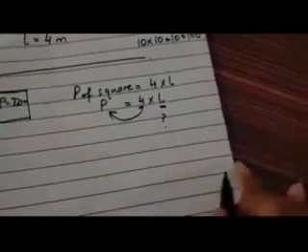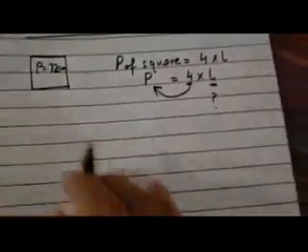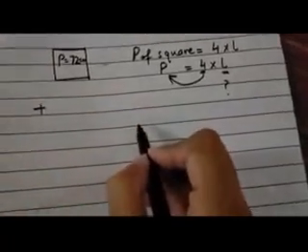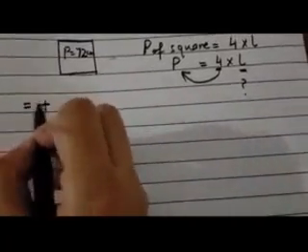Now remember this rule that you have already learned in class: if a number is on the left hand side and you are taking this number to the right hand side, it will become the reciprocal in the sign. Plus becomes minus, or minus becomes plus. Multiplication becomes division, and division becomes multiplication.